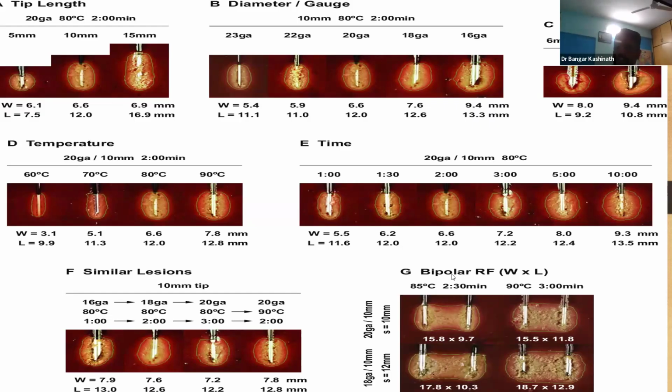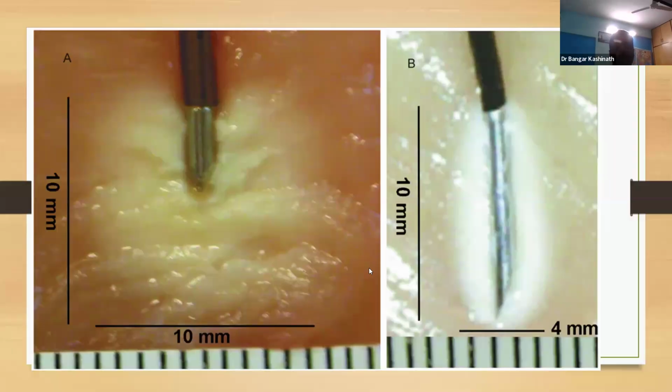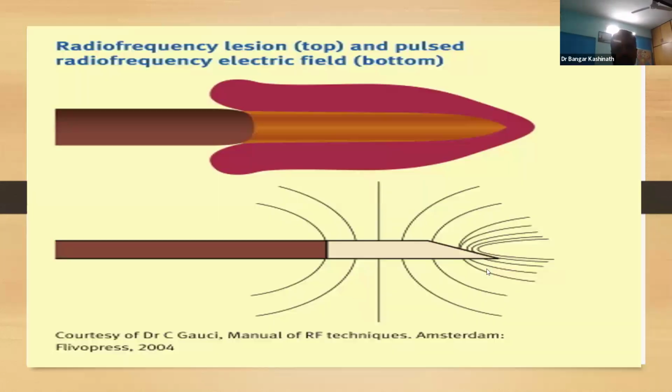Bipolar causes a bigger lesion size. So this is the difference between the cool radio frequency and the conventional radio frequency: directional independent, spherical. This is along the shaft.